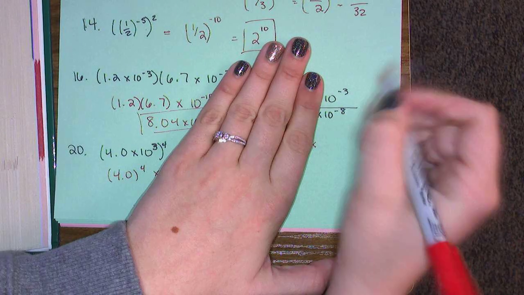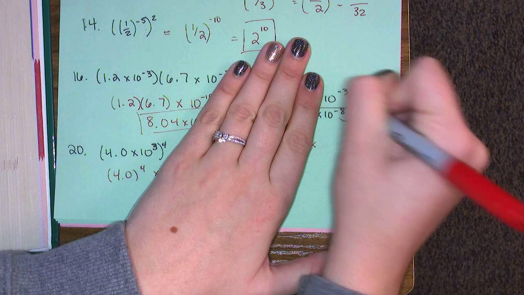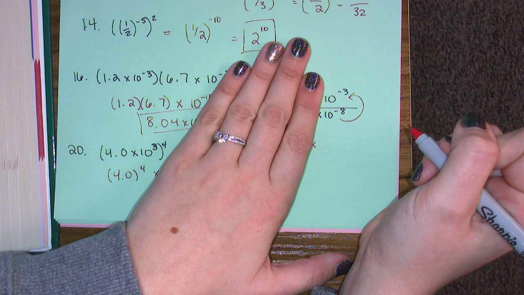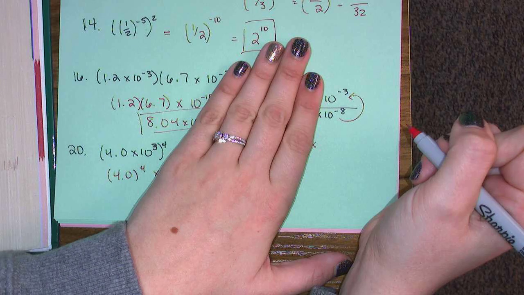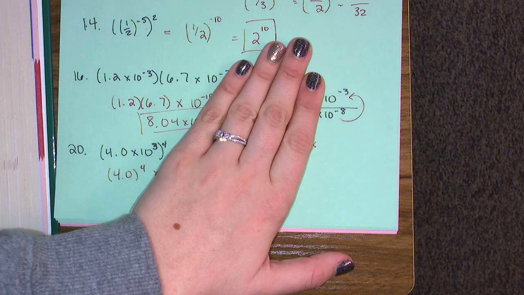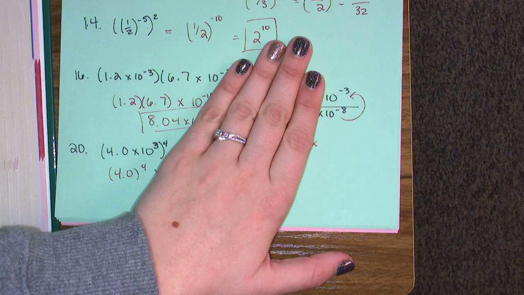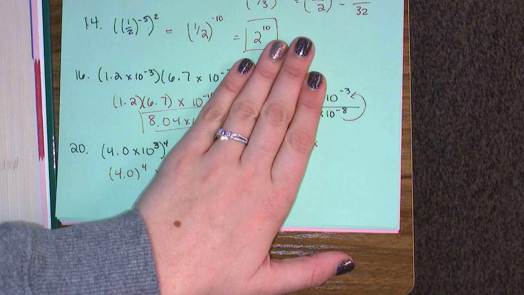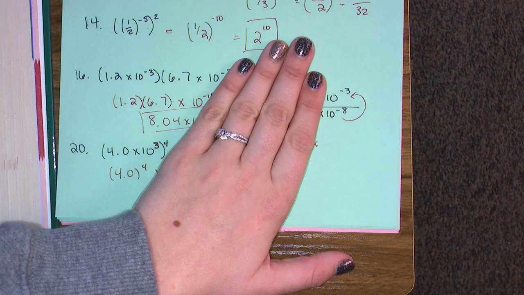So I want to move this one up to the top. To move an exponent from bottom to top, or however you're moving it, you change the sign. So if it was negative on top, we're adding it to the bottom. If it's negative on the bottom, we're adding it to the top.